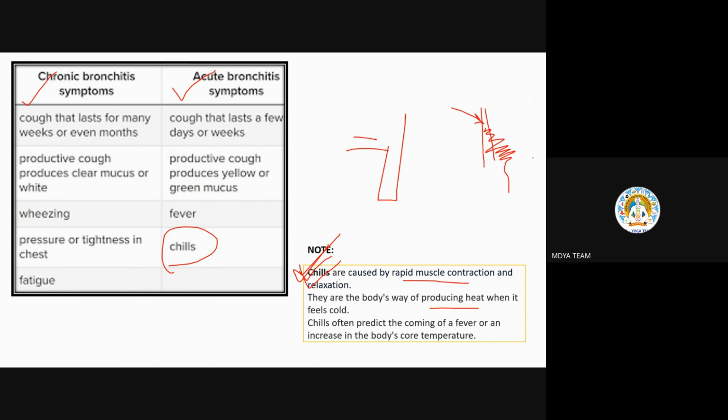Such a condition is called chills. It is a sort of shivering, right? In this condition, the person feels a little feverish because our body is trying to make it warm while we are feeling cold from outside. Exactly like that. Is it clear now, ma'am? Yes, ma'am.